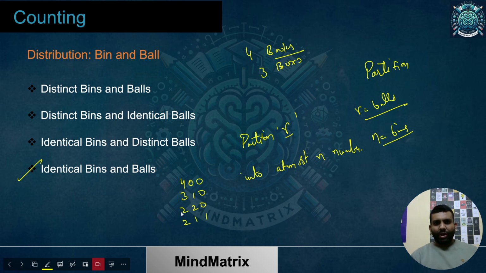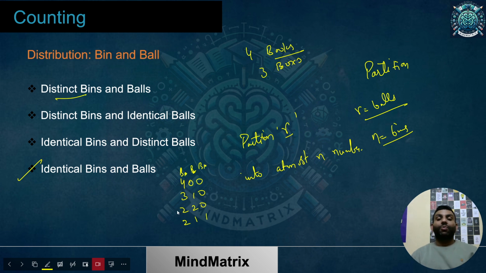So I won't be talking about which 3 to pick from 4, or which 2 to pick from 4, because all are the same. There would not be any kind of combination or arrangement that 040 or 004 must be there. I'm talking about the bins' position. B1 is having 4, so might be B3 is having 4 if distinct bins were there, but because all the bins are the same, we are not having those arrangements as well.